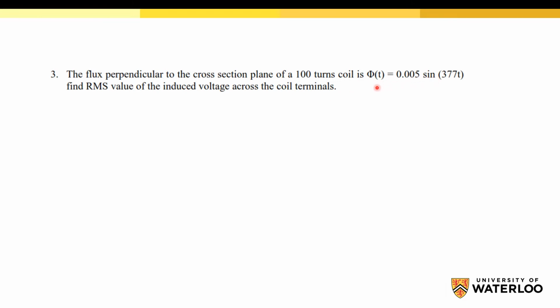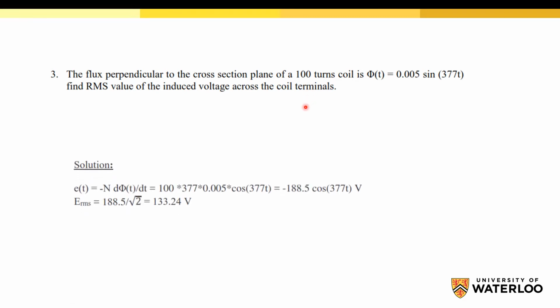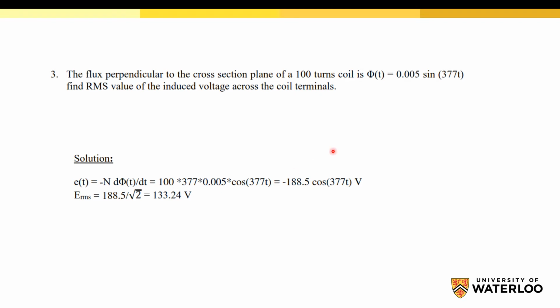So d phi by dt is equal to the induced voltage for one turn. So we should multiply that times the number of turns to calculate the total induced voltage. So that's very easy. It's just a derivative for this, and this is the negative sign from Lenz's law.